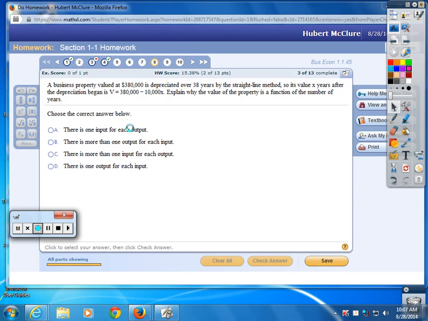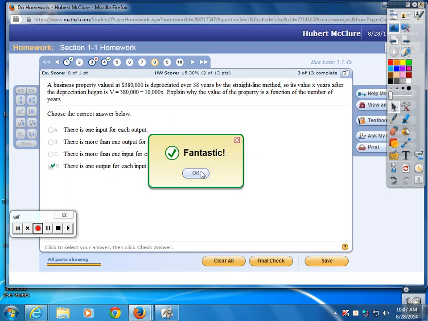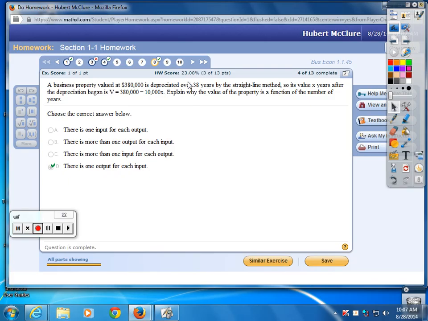Some people say that's the same thing. No. There are 4 quarters in a dollar, but there's not $4 in a quarter. You got it? It's not the same thing. A and D are not the same. We got it right. It's a miracle.